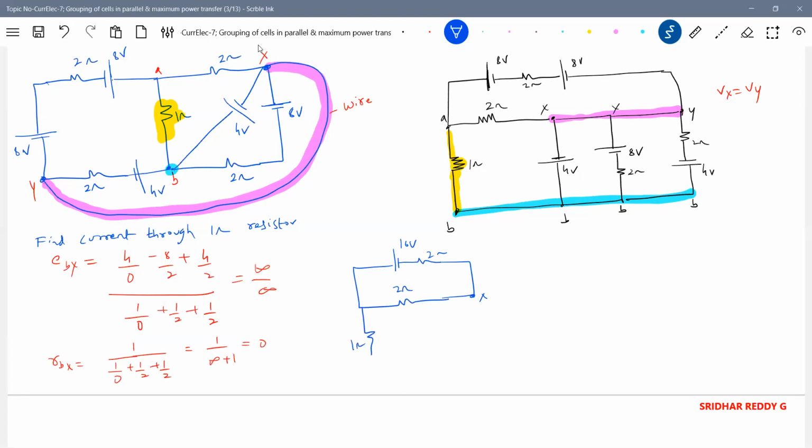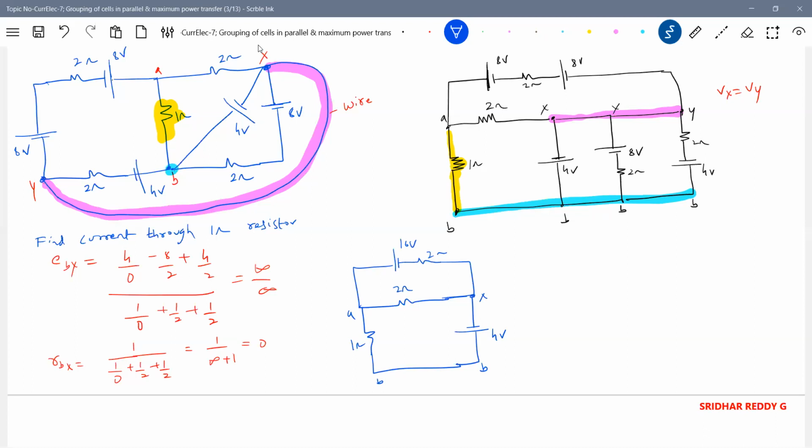This is 1 ohm. We have to calculate the current through the 1 ohm, no? So there's everything here, and how much has it come? It has just ended up with 4 volt. X comma Y, and this is the point B. Now the problem is a little bit simple. We can easily work it out now. The current through this 1 ohm has to be determined.